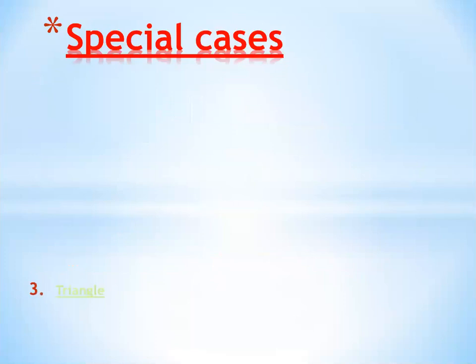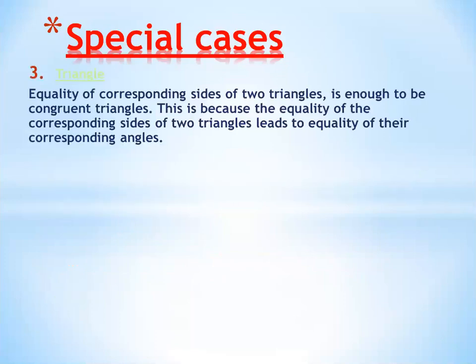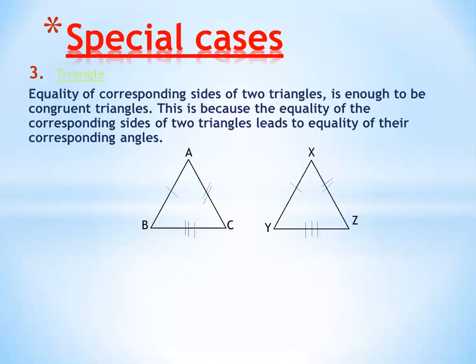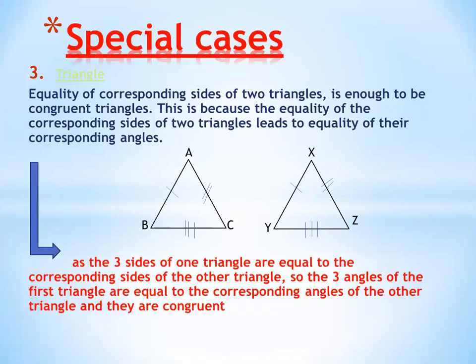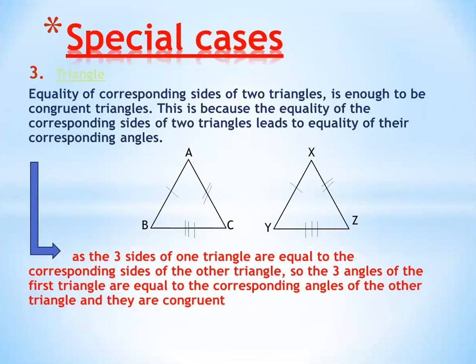Okay, the third special case is the triangle. Equality of corresponding sides of two triangles is enough for the triangles to be congruent. This is because the equality of the corresponding sides of two triangles leads to the equality of their corresponding angles. What does this mean? As the three sides of one triangle are equal to the corresponding sides of the other triangle, the three angles of the first triangle are equal to the corresponding angles of the other triangle.